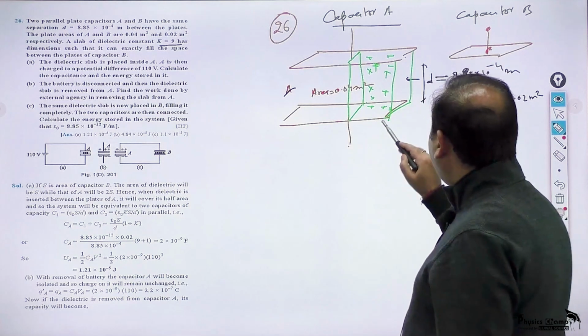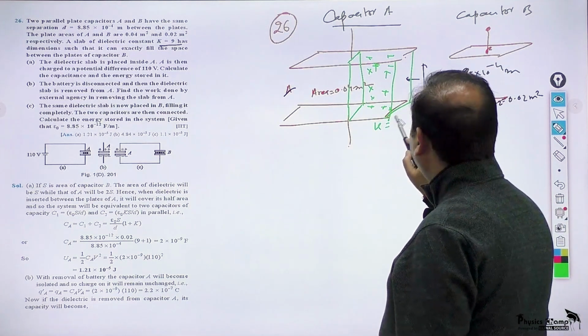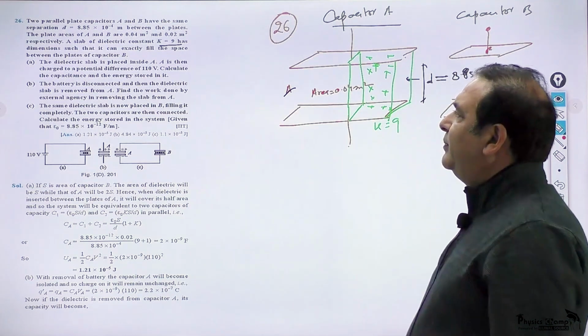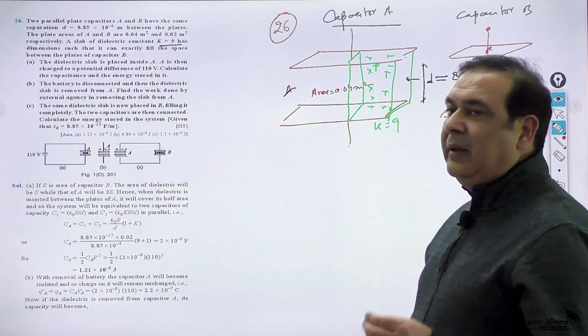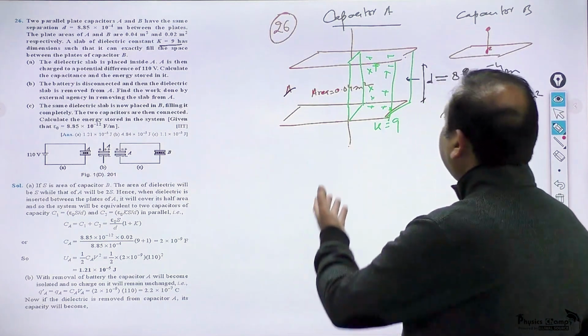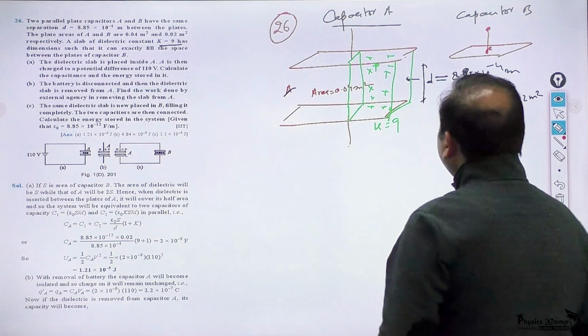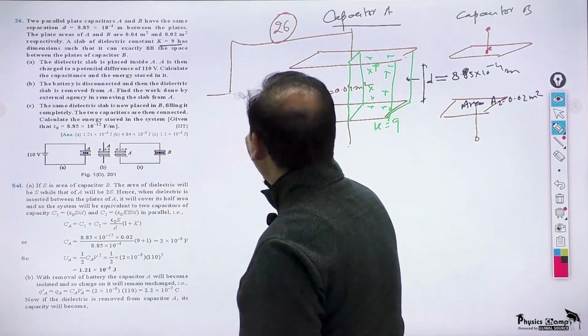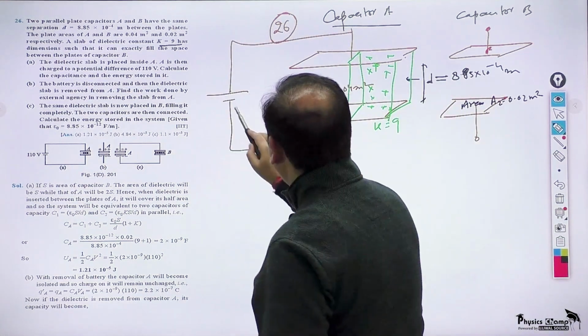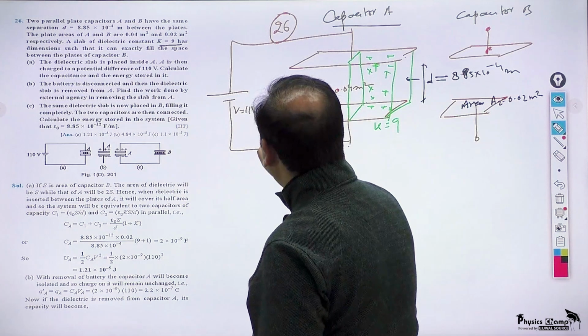And it has a dielectric constant of how much? 9. So what will be the capacitance of it? And this whole capacitor A is actually joined to 110 volt of EMF.